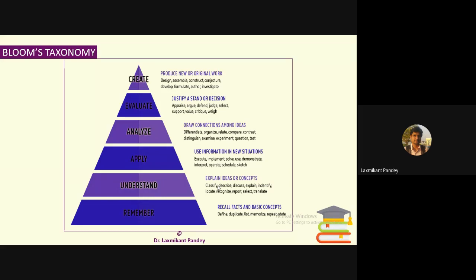Some topics are only for remembering, like recalling facts and basic concepts. Some topics need to be taught so that students understand the ideas and concepts behind that particular topic. And some information can be utilized by the students to create something.